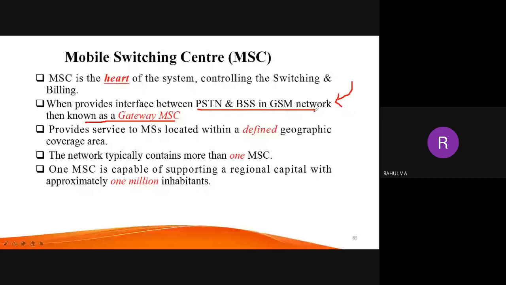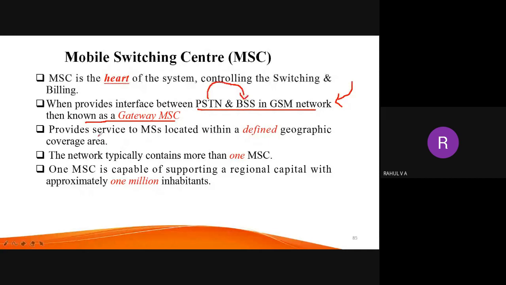Public network and BSS means what? Public network means all networks together. If you want to access from one network to another, you need the support of the public network. And BSS establishes the connection between the mobile station and the network. So it acts as an interface between the public network and BSS.